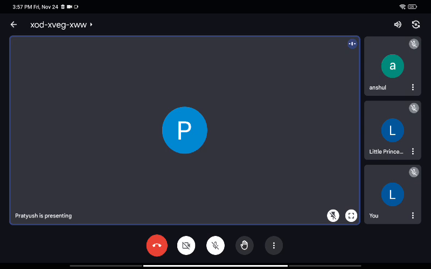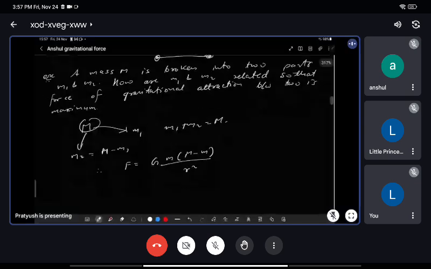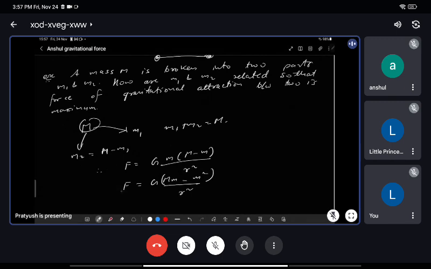Therefore, the force will be G M1 M2, that is G into small m multiplied by capital M minus small m, upon R square, where R is the distance between them. This is the equation of force: G M m minus m square upon R square.